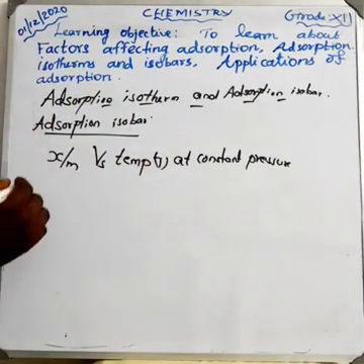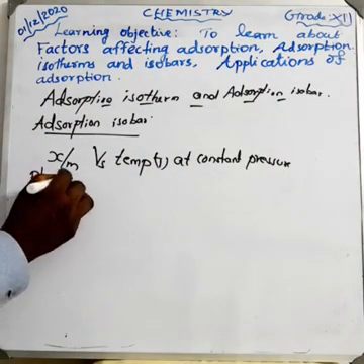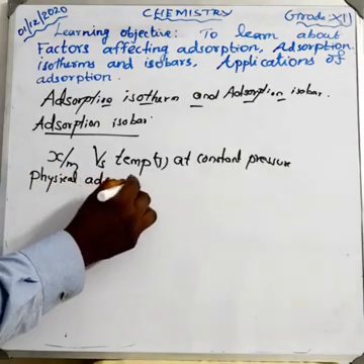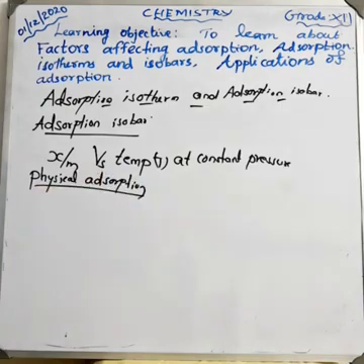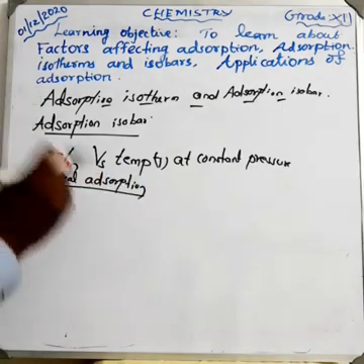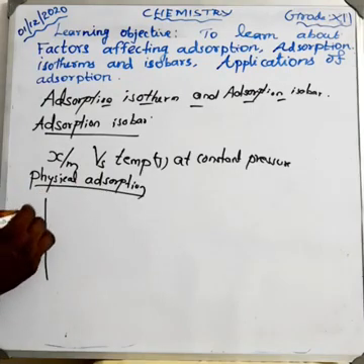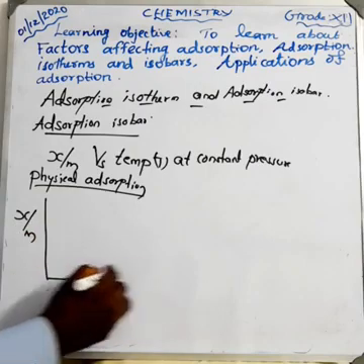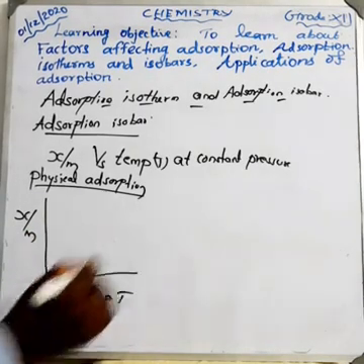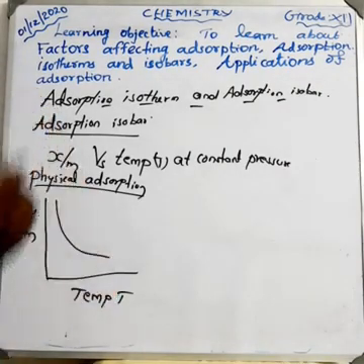What is the graph for physical adsorption? When you draw the graph of x by m, the amount of adsorbed, versus temperature T, we get a curve like that.